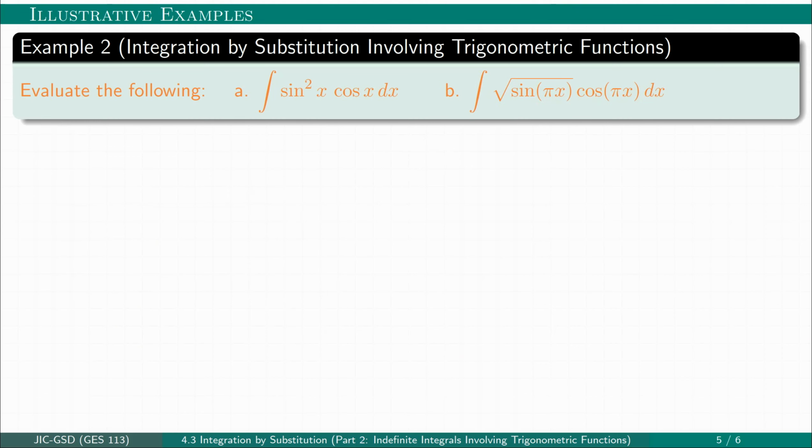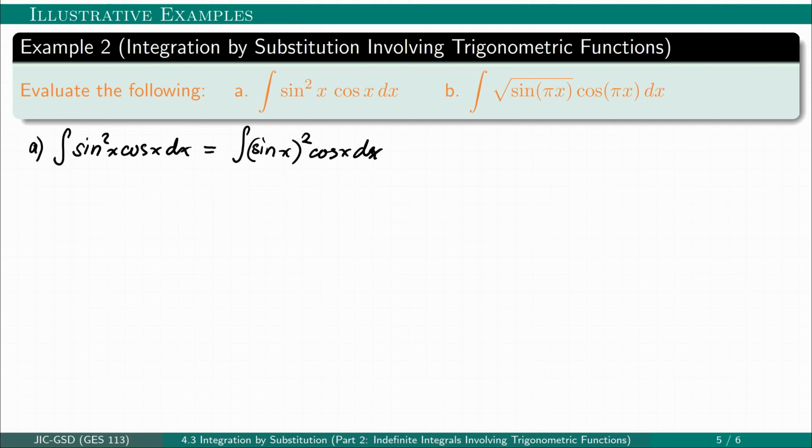Let's consider our second example. For letter A, we have the integral of sine squared x cosine x dx. We can actually rewrite this as the integral of sine x squared, because sine squared x is sine x times sine x, times cosine x dx.